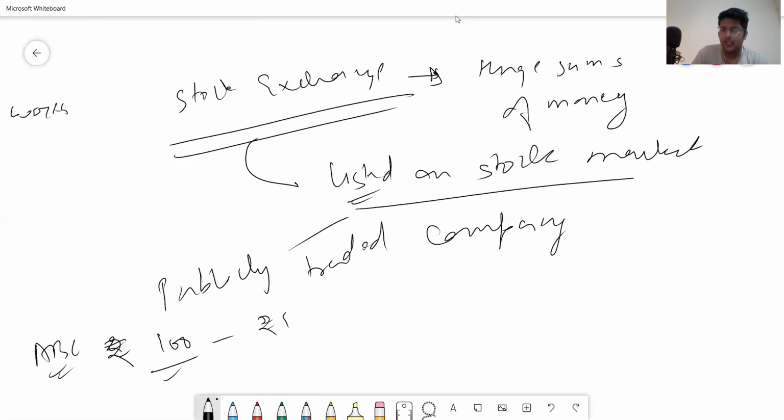After buying this company, in the next 3 years, the company performs according to your expectation, makes good profits, and the valuation increases. Now, on the basis of the percentage of shares that you bought, which were available on the market, your wealth will increase.